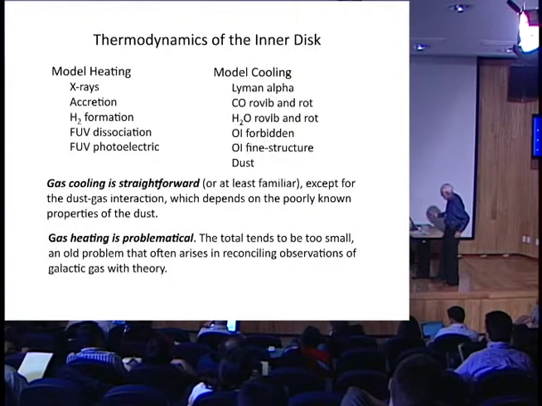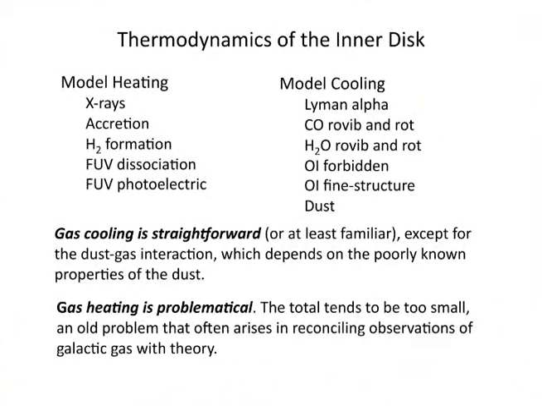And over here, heating, that's always more difficult because you can't measure directly. But what we have been doing is looking at a sequence of processes, and these are the ones that are in our model at the present time.